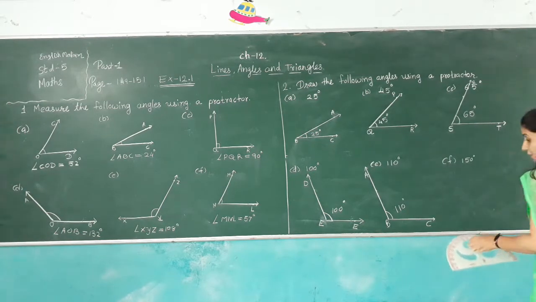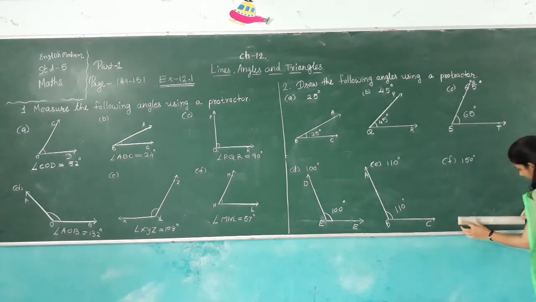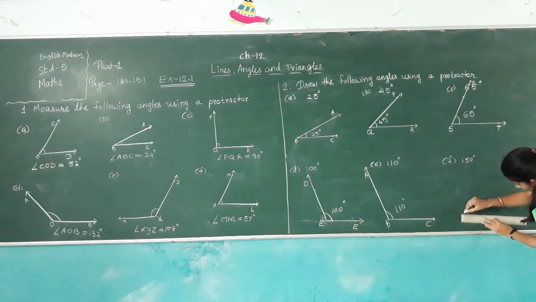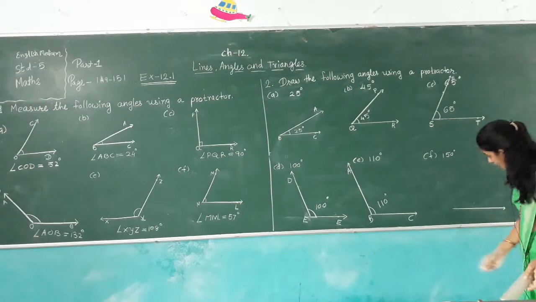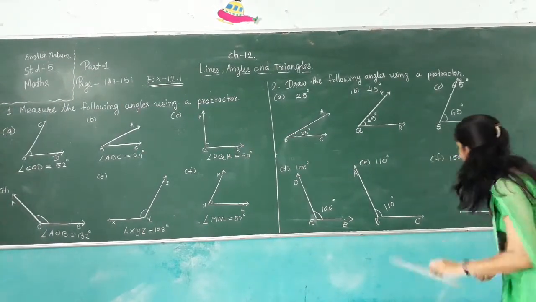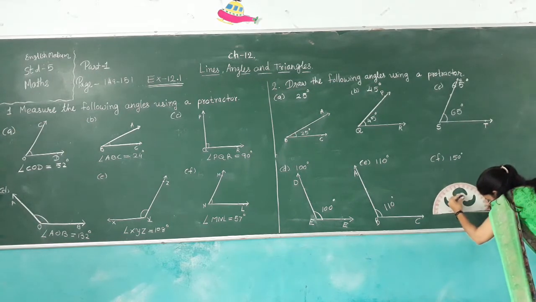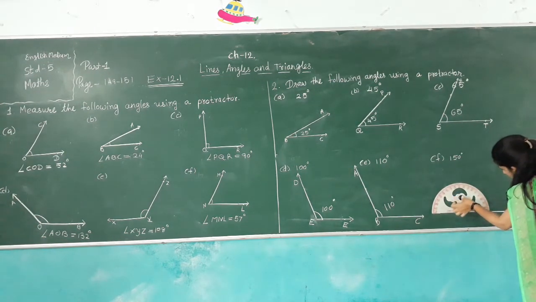Now 150. First you draw a ray. This one is the end point. Keep the protractor on the end point, match the horizontal line properly, and 150.